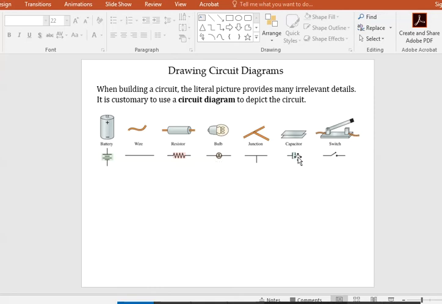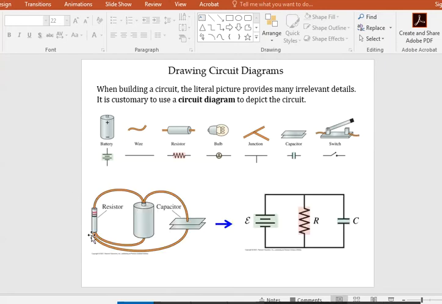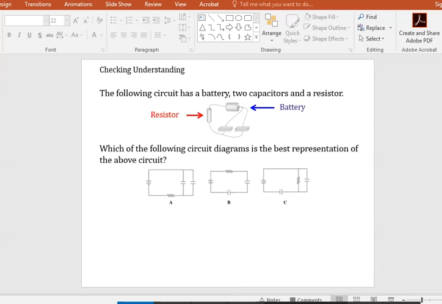And a capacitor is written as two parallel lines to sort of symbolize the two parallel plates next to each other. So a resistor and a capacitor connected to a battery here could be drawn like this. So how about the one that we looked at from just before? Well, in this case, the best representation would actually be case A.